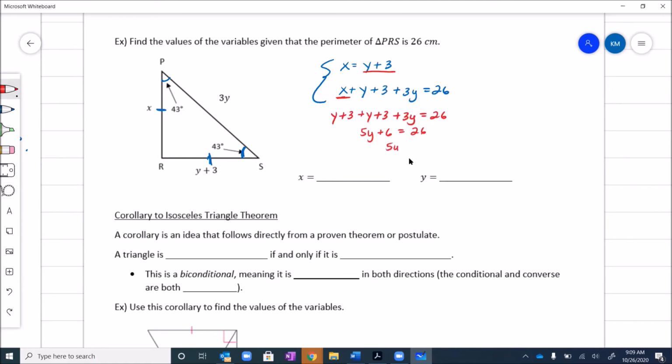That means 5y equals 20, and that means y is 4. And so now I know that y is 4, and x then must be y plus 3, 7. And I can double check to make sure all that works out. It means this would be 12, this would be 7, this would be 7, 14 plus 12 is 26, works out. Okay?